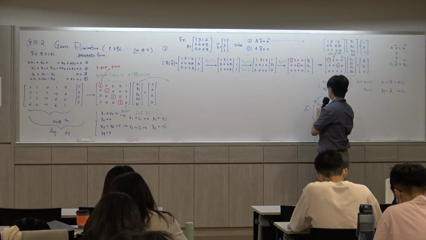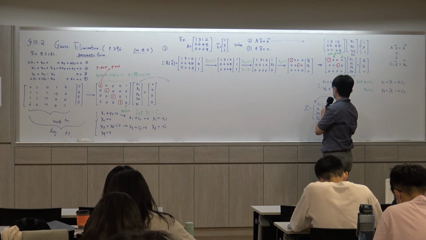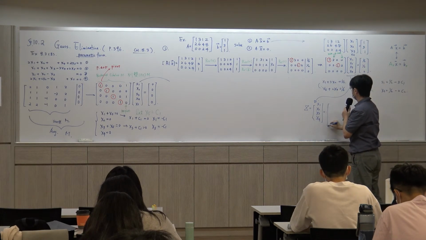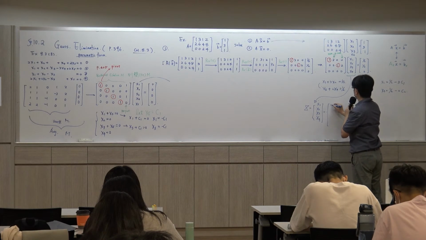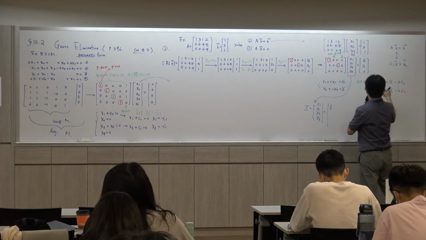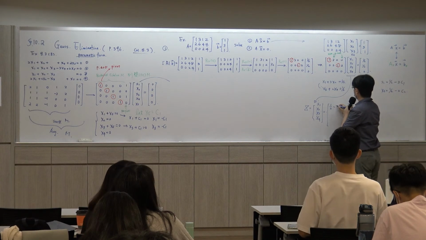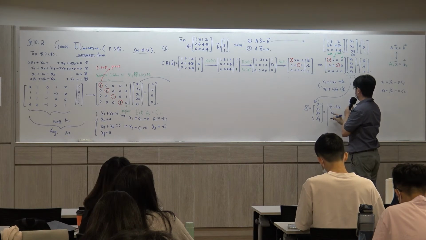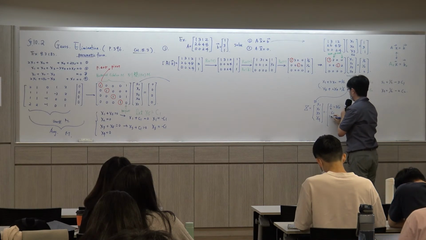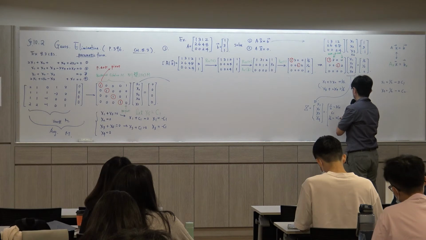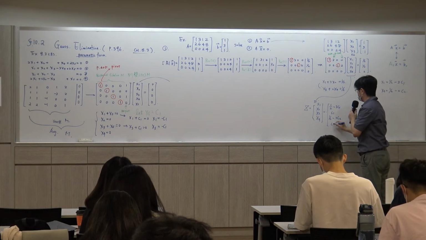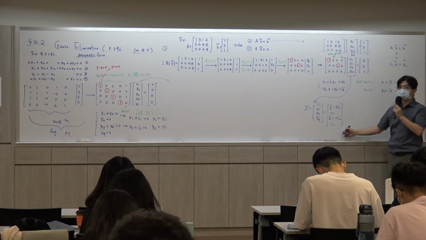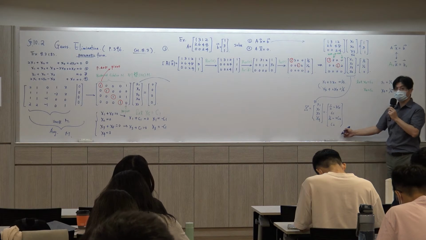So the answer, what we want here, is that S1 equals 1 half minus 3c1, S2 equals c1, S3 equals 1 half minus 2c2, S4 equals c2. In most textbooks, the answer is that.